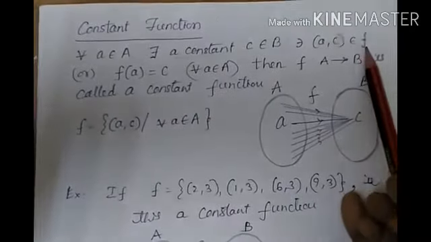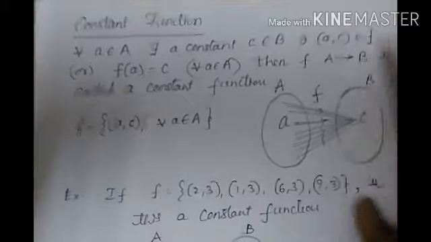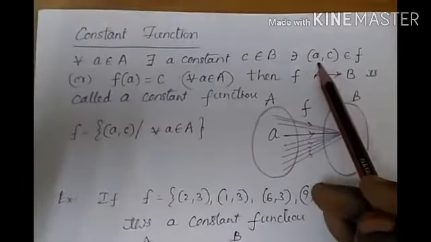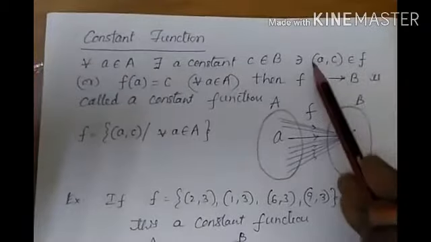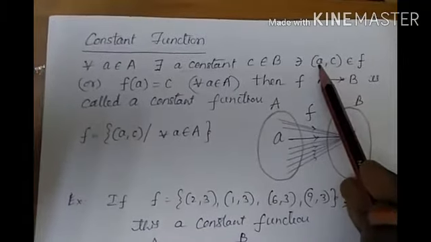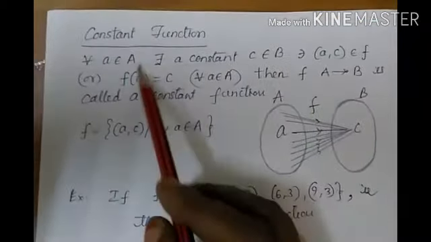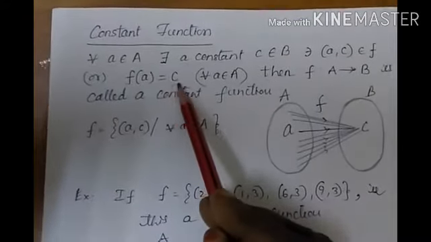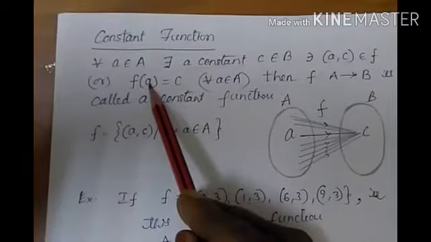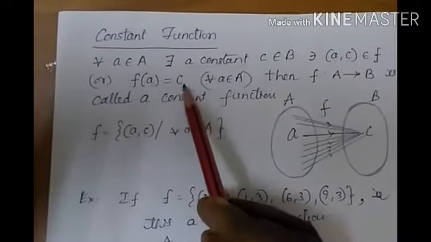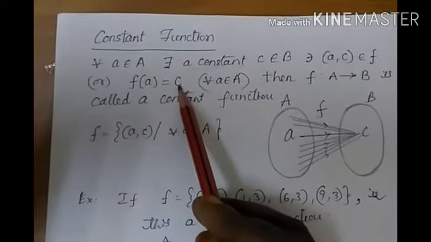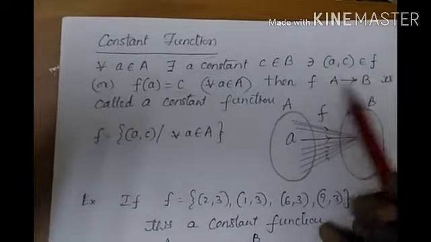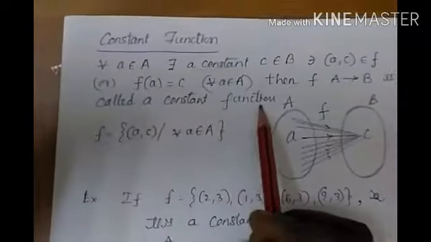F is a function that contains all ordered pairs (a, c), where a is an element of the domain A, or f(a) = c, where c is a constant. For all elements of A, there exists an image c. Then the function from A to B is called a constant function.